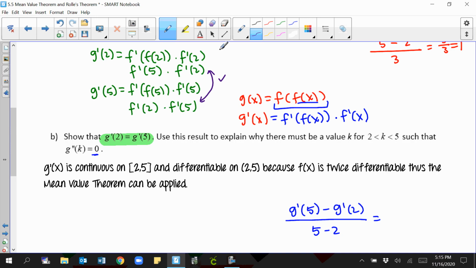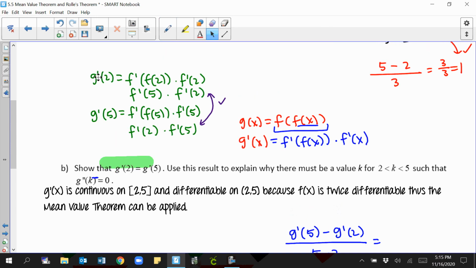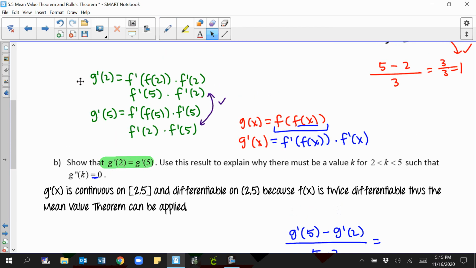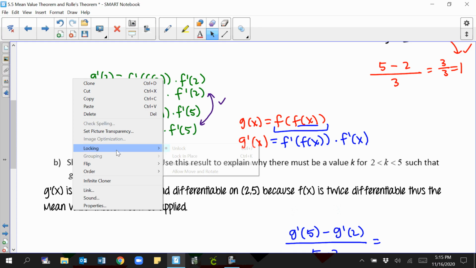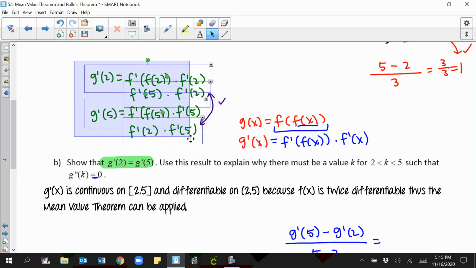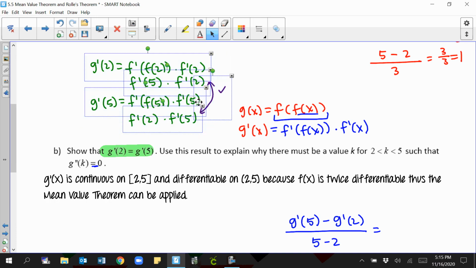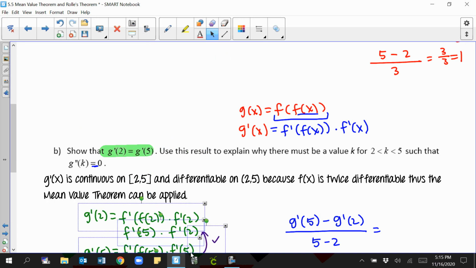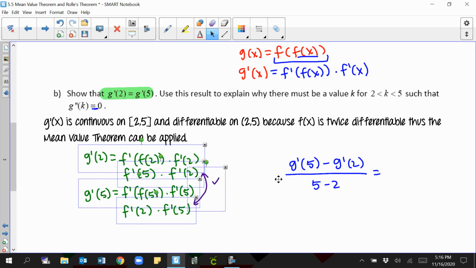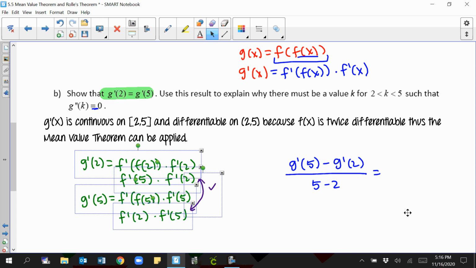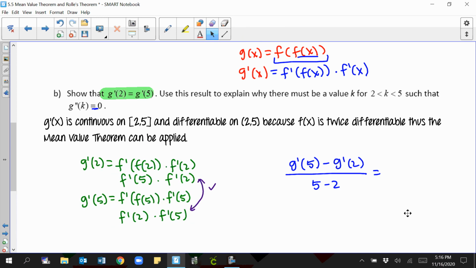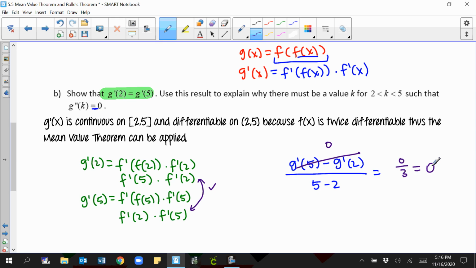So we have shown that they're the same thing. And here, I'll go ahead and move this all down. Ooh, that did not work for me. There we go. I'll move all this down right here, so it's actually under the problem. So if they're the same thing, that means that this right here is just going to be 0. So I'd have 0 over 3, which is just 0.